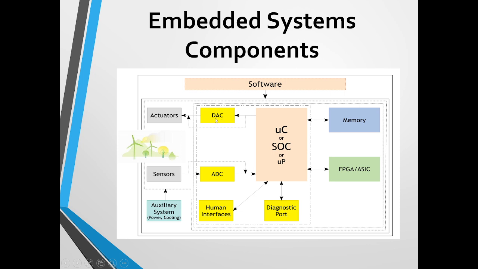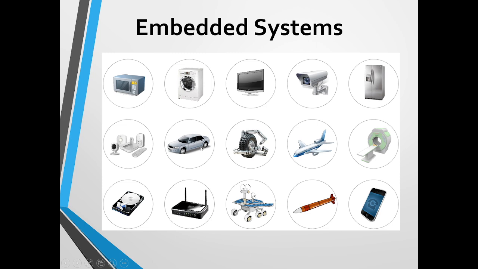Then DAC means digital to analog converter, ADC means analog to digital converter, human interfaces, diagnostic port, memory, sensors, actuators, etc. So these are the different embedded systems which are shown here by visual representation like microwave oven, washing machine, CCTV camera, car, etc.